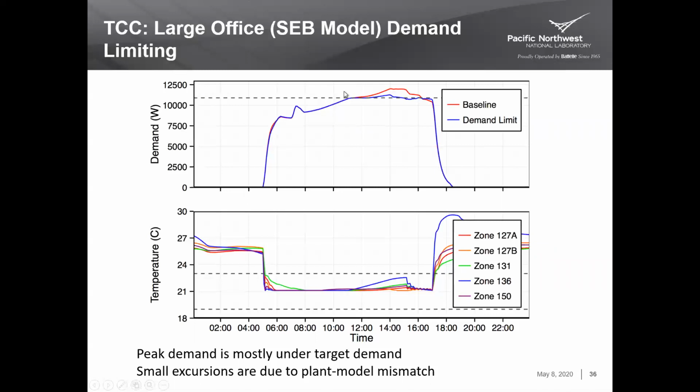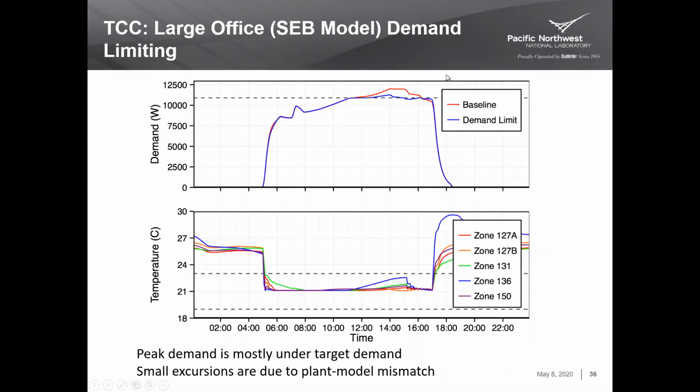So it's essentially choosing a target for the building and trying to have these distributed agents coordinate to consume their cleared quantity to achieve the overall goal of keeping the building demand below this limit. As you can see, we were fairly successful.